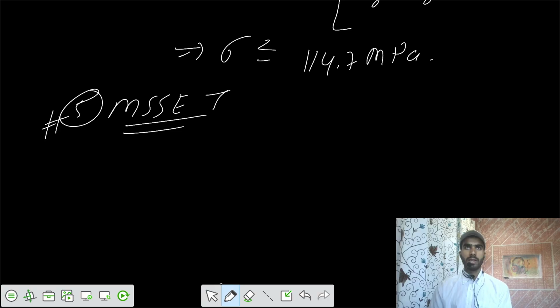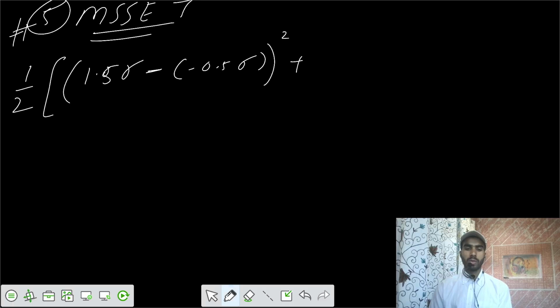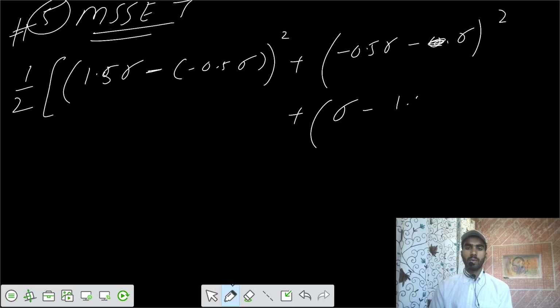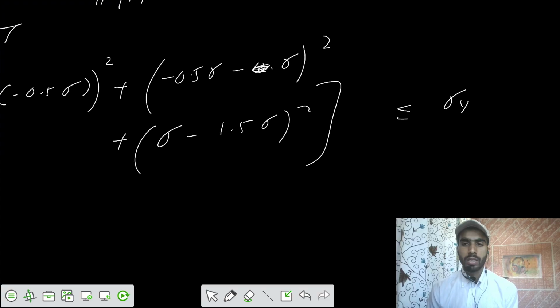The result for the direct results we have is 1 by 2 times (sigma 1 minus sigma 2) whole square, plus similarly (sigma 2 minus sigma 3) whole square, plus (sigma 3 minus sigma 1) whole square, and that should be less than or equal to sigma y whole square, that is 210 whole square.